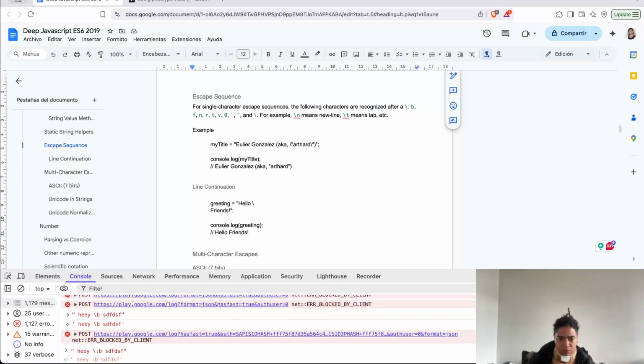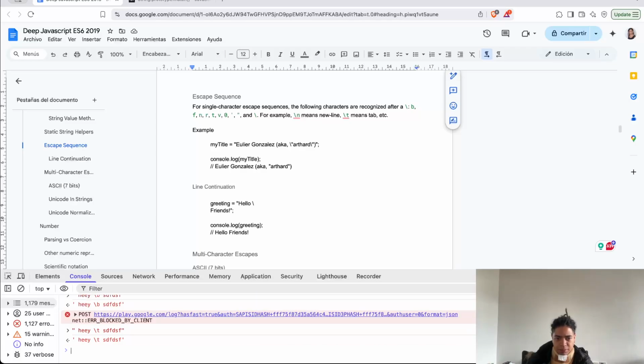Is this one? Oh, this is if you want to escape some character here. But I don't think so. \b, \f. I'm not sure what the f does. Or \n, or \t.